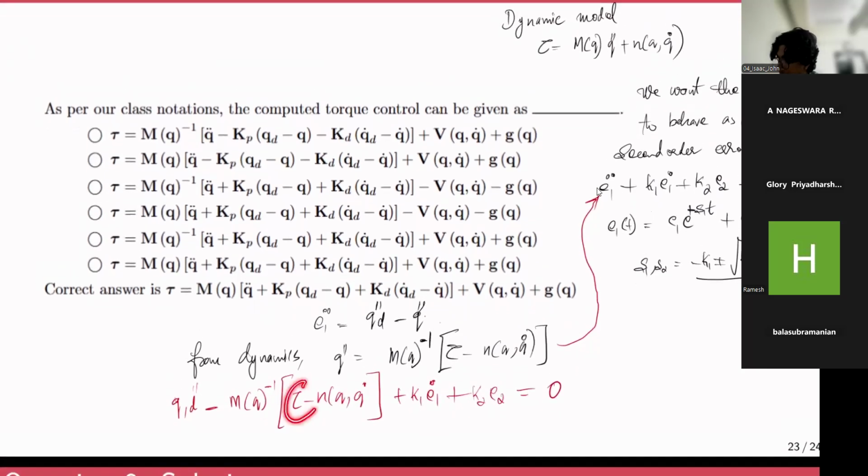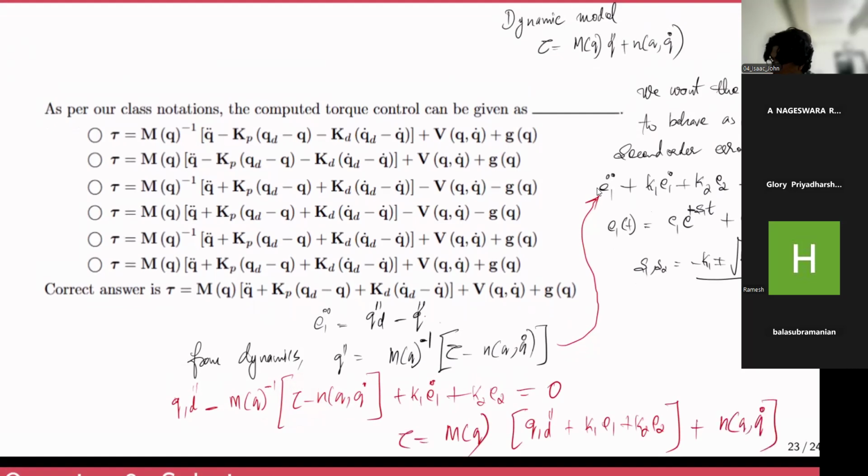And from here, I can find out the control input. That will be q desired double dot plus K1 e dot plus K2 e, this whole term multiplied by the mass matrix M(q), plus this vector of Coriolis and centrifugal effects N(q, q dot).